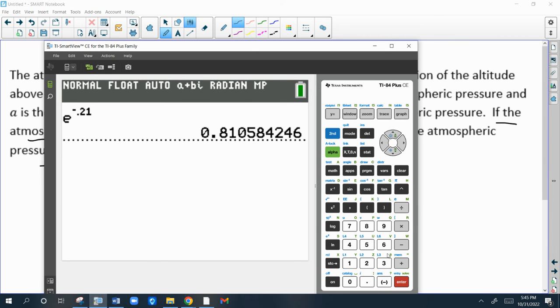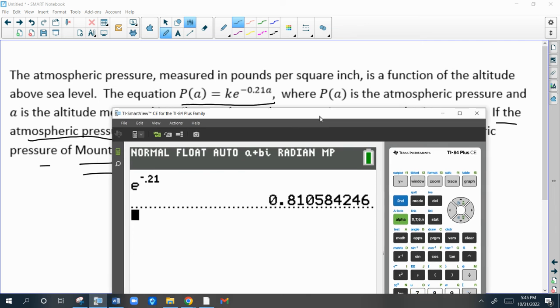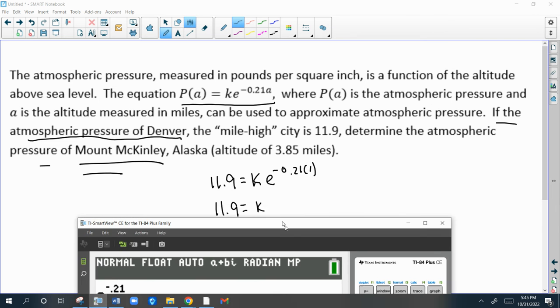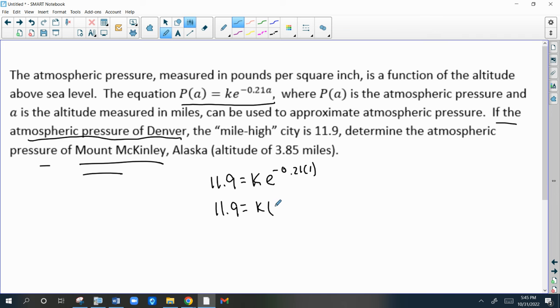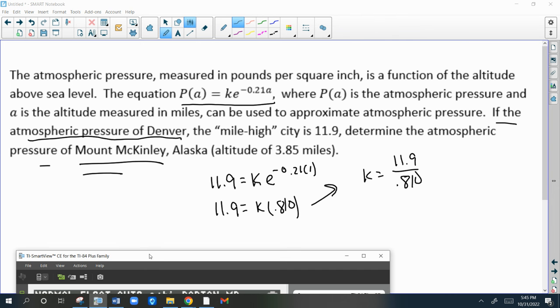So I don't have to do anything there, is 0.810. And then to solve for K, I'm just going to divide both sides by 0.810. Actually, since I already have it on my calculator, I'm going to get very accurate.